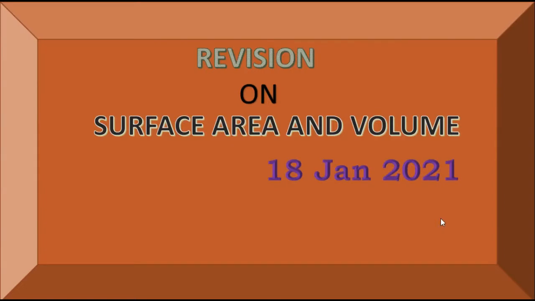Hello students, let us begin the revision on surface area and volume. First, we shall take up the main concepts and the results involved in this chapter, followed by solving questions from NCERT exemplar.